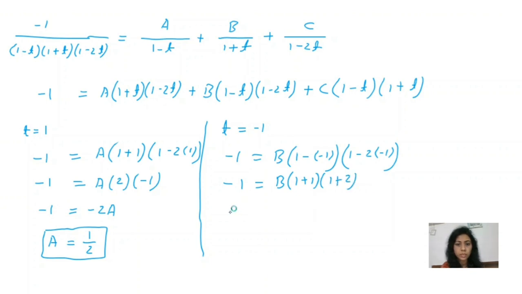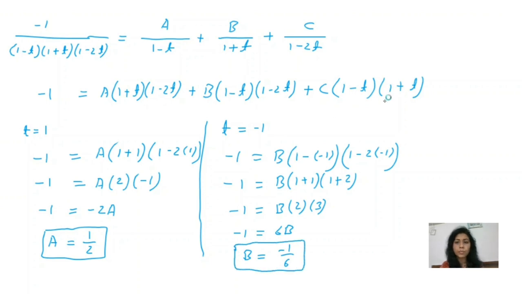Minus 1 is equal to b, and this is 2, this is 3. So minus 1 is equal to 2 times 3, which is 6b, and the b value is minus 1 upon 6. Yes, this one we already got.